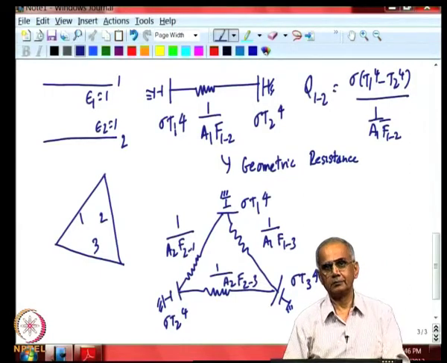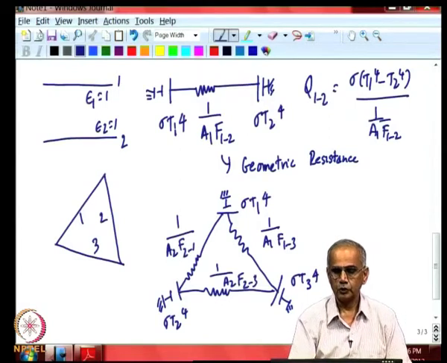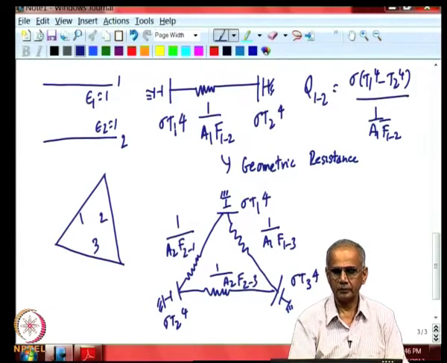So, this is a triangle. If you are well versed in electrical circuit theory, you should be able to solve this delta network using standard theorems in electrical engineering.